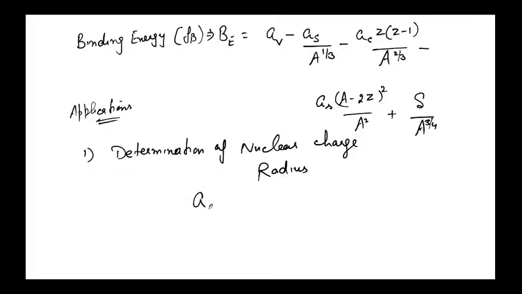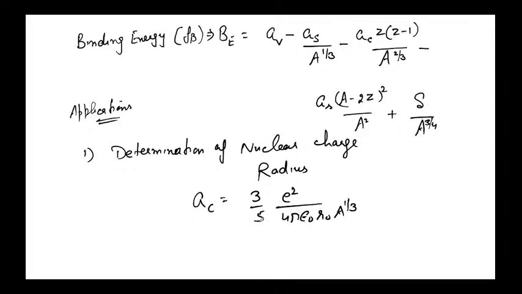So that is AC, which is equal to 3 by 5 E square over 4 pi epsilon naught R naught A to the power 1/3, and from this we can find out the value of this Coulomb energy constant for different radii.